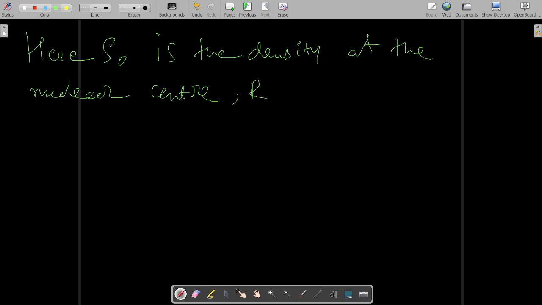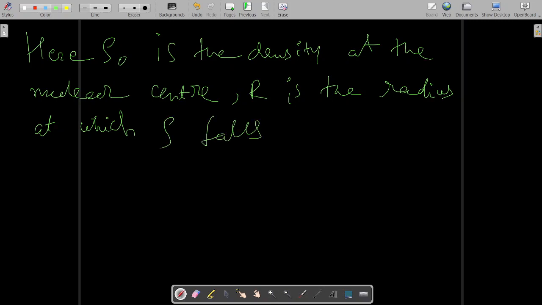R is the radius at which rho falls to rho naught by 2, meaning the probability of finding the nucleon. R is the radius of the nucleus. The nucleus radius is defined as the distance at which the probability of finding the nucleon falls to half.